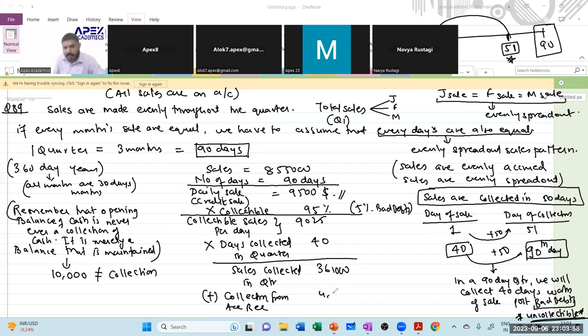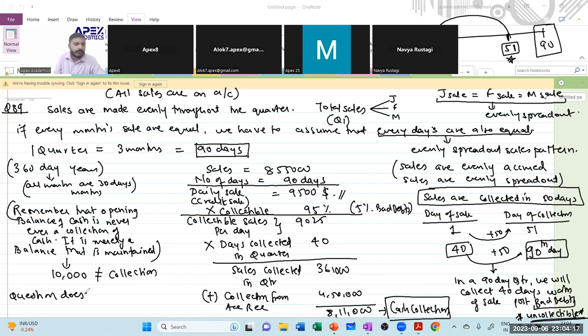What is the collection from accounts receivable? It is given in the question, 4,50,000. So what is your total? Your total is 8,11,000. This is your cash collection. The question does not use the word disbursement.